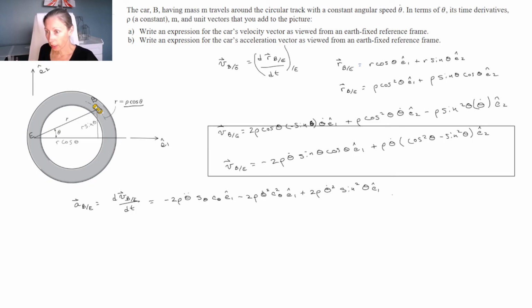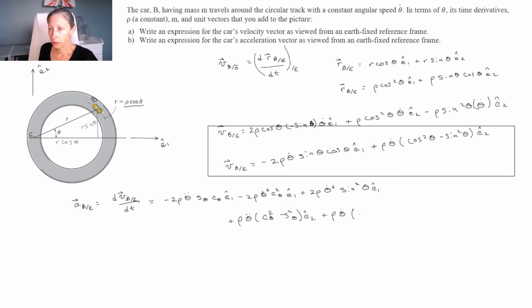Okay, now I'm going to roll to the next line. I'm going to do E2. So I'm going to start with the theta dots. This is going to be rho theta double dot times cosine squared theta minus sine squared theta E2. And now I'm going to do plus rho theta dot. Okay, now this is tricky.